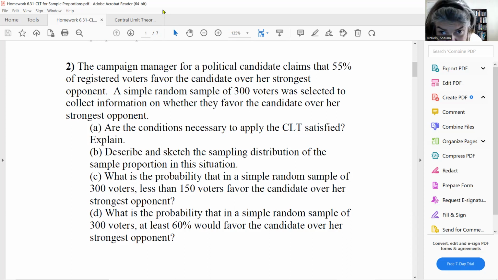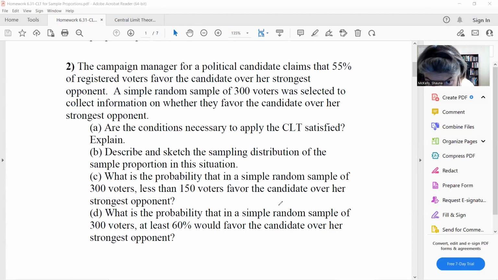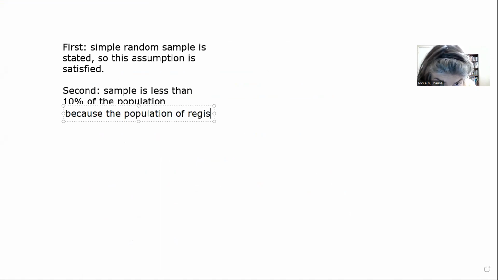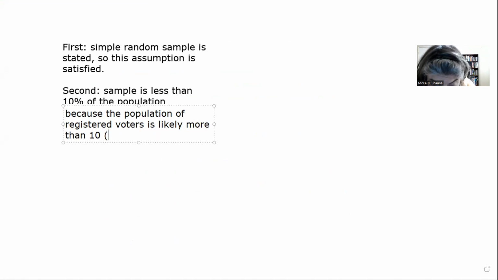So here, we're going to say that the sample is less than 10% of the population because the population of registered voters is likely more than 10 times 300, which is 3,000 people.